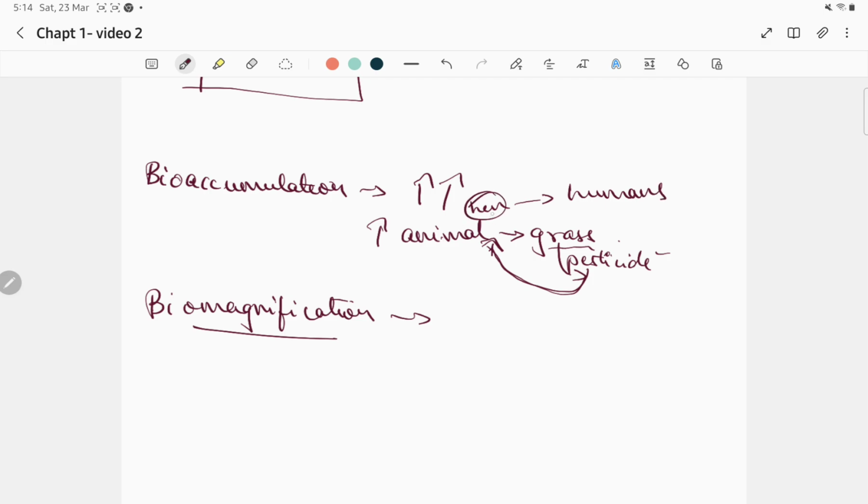So how much of DDT or pesticide is there in the hen, it is transferred to humans. So there is an increase in concentration of the pollutant at successive trophic levels. So this is called biomagnification. It is increasing step by step. Okay, I hope you have understood this.